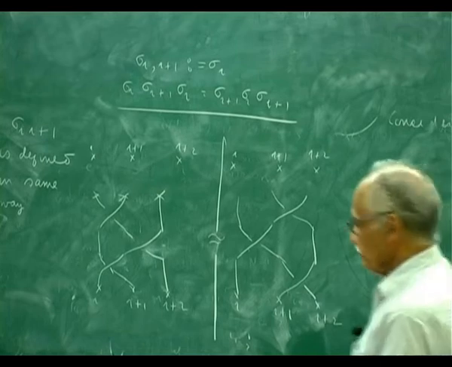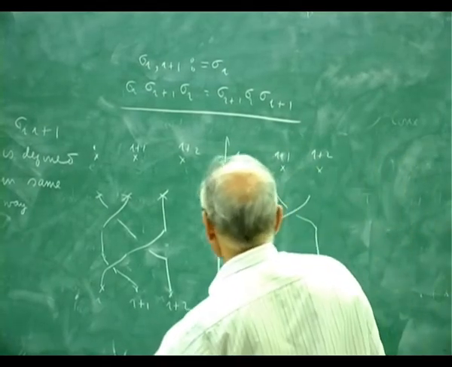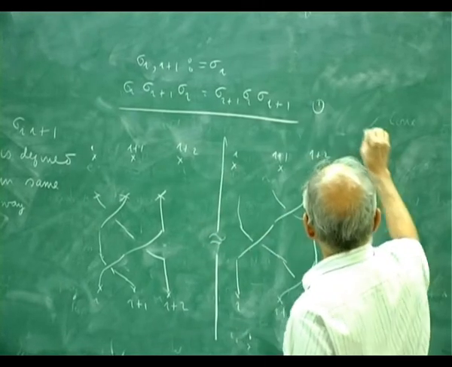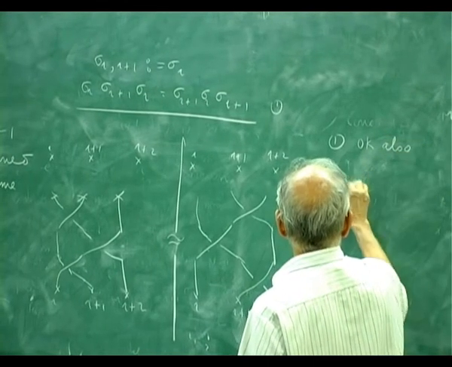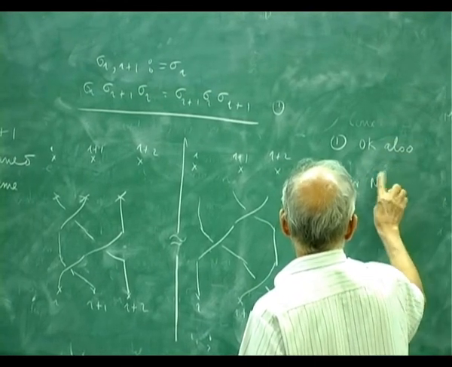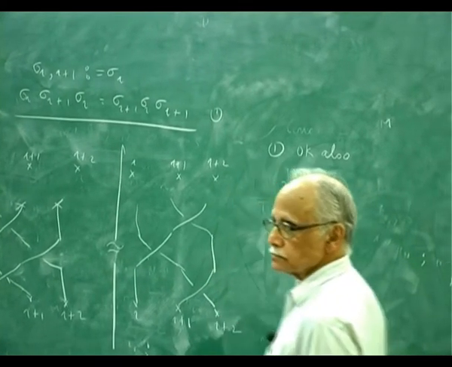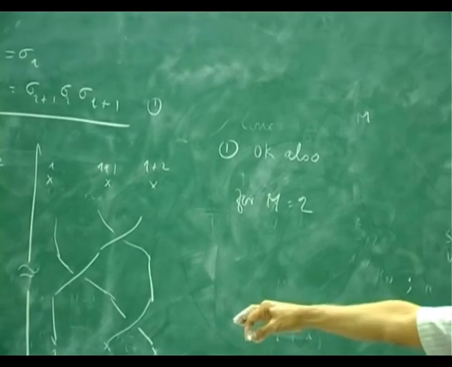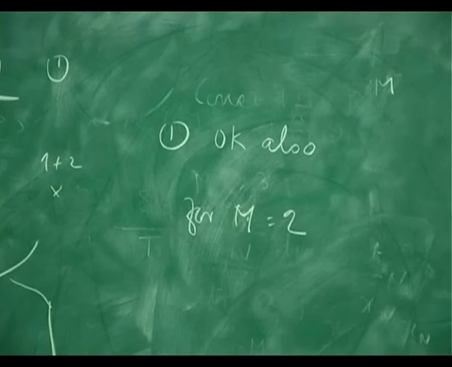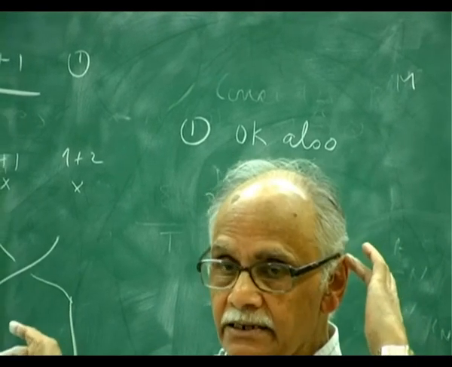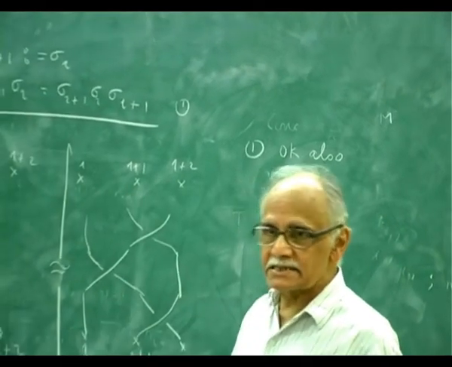Now one point to notice is this relation also holds for m equal to 2. This calculation I did, this can be planes. So you notice immediately that if I now join upstairs with the downstairs, what will I get?